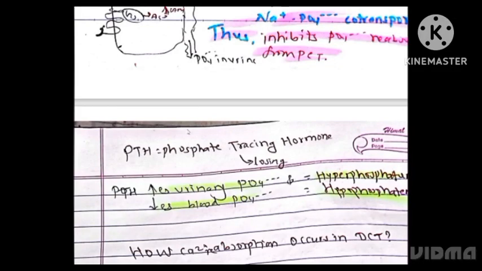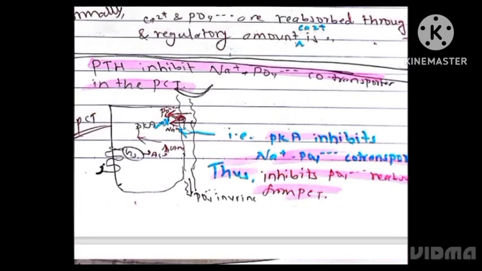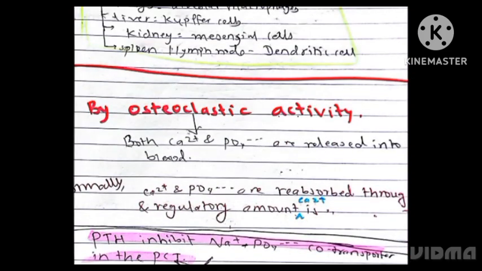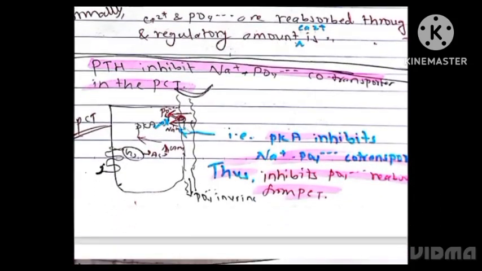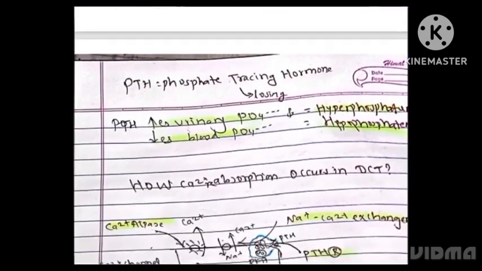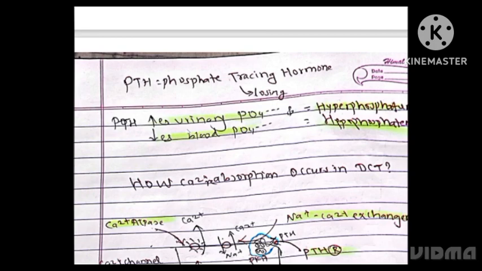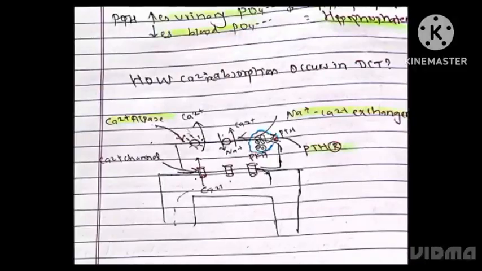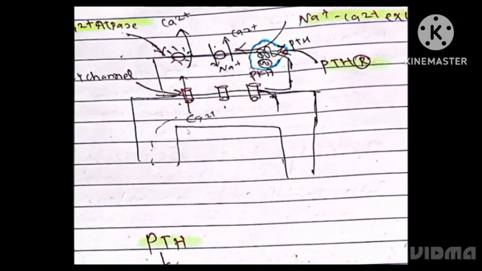Now, how does PTH cause increased reabsorption of calcium from kidney? Let us see here. PTH is also called PTH, which we can remember as phosphate trashing hormone. That is, it causes losing of phosphate. Now let us see here. In the nephron, there is the DCT part.